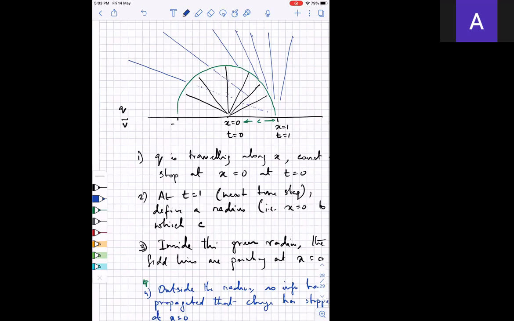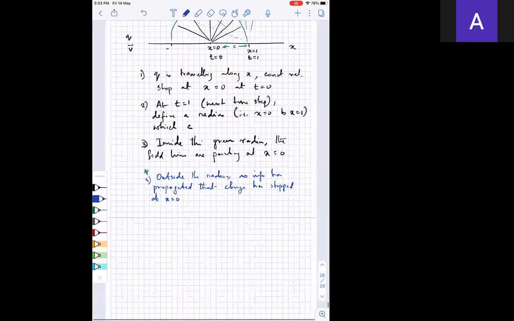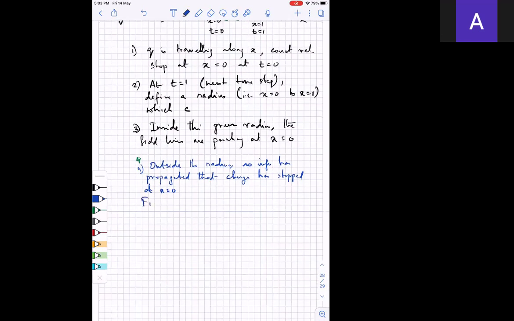These are the field lines outside the radius. The field lines over here point at x equal to 1, because no information has gone outside the radius of c. Right?